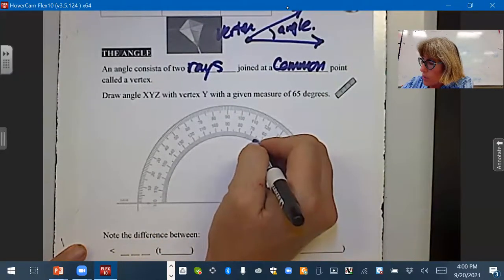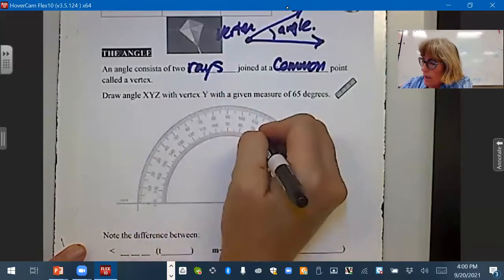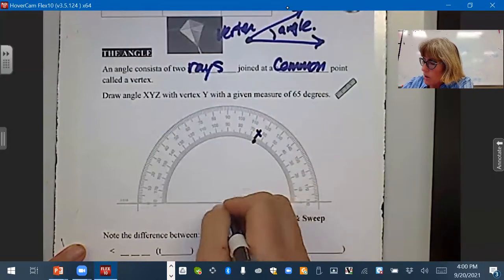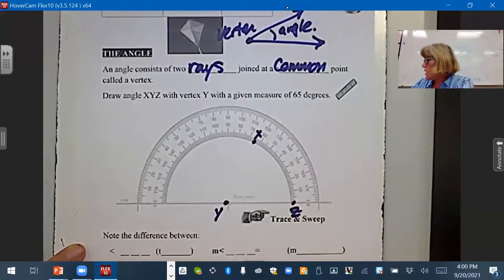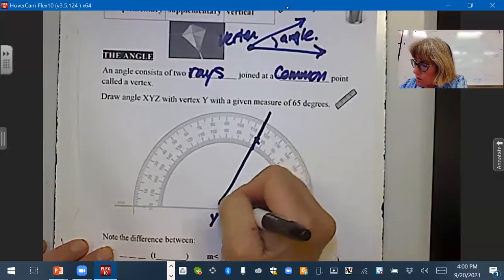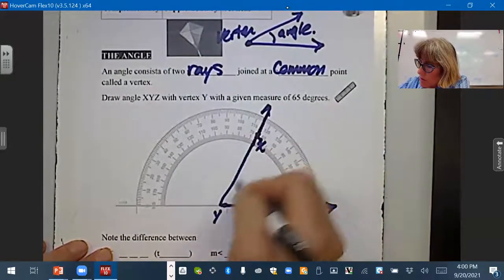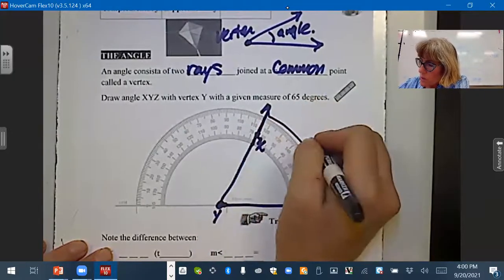I can go this way at 65, and I'm going to make that point X, and then this is Y, and then I'm going to go over here and make this Z, so that our angle XYZ is 65 degrees.